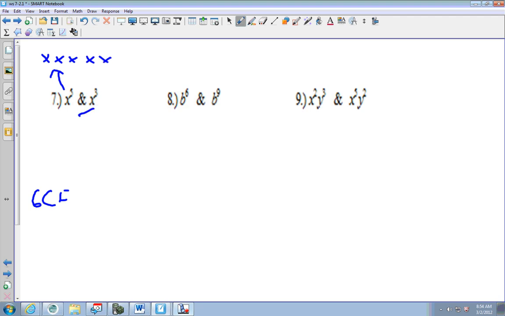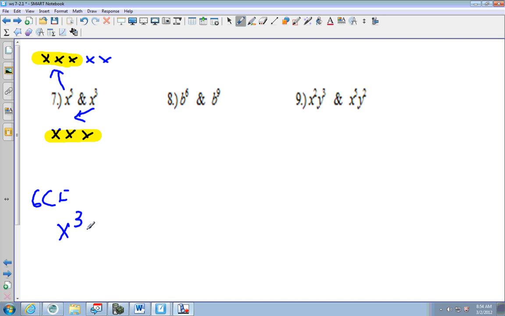What does x to the 3rd mean? How many x's? What's the smallest amount of x's that are in both of them? I have 3 in this one, 3 in this one. So my greatest common factor is x to the 3rd power.